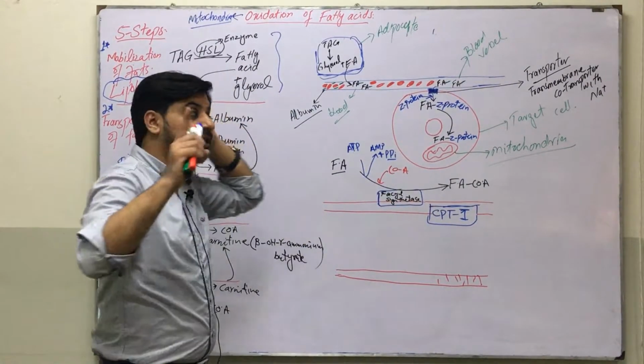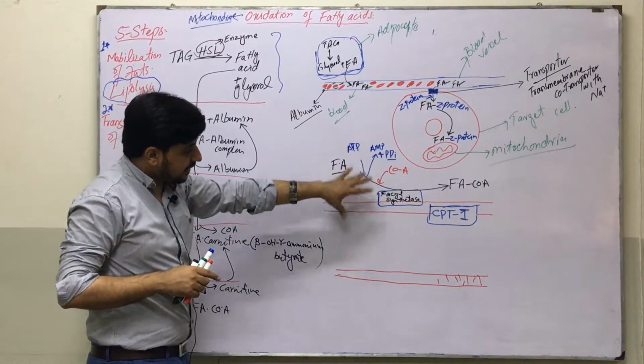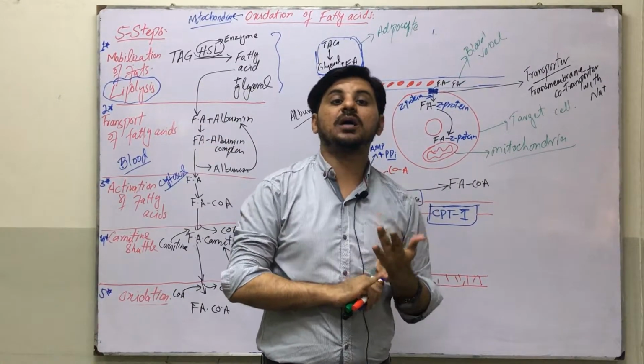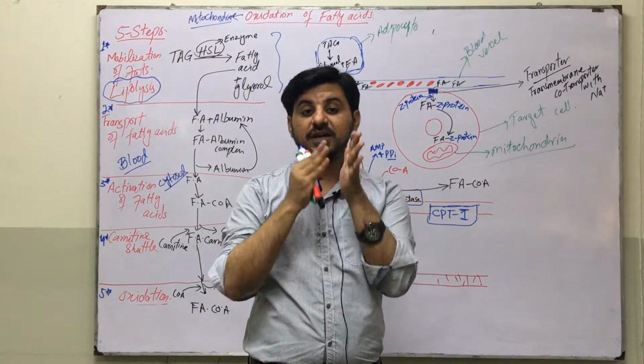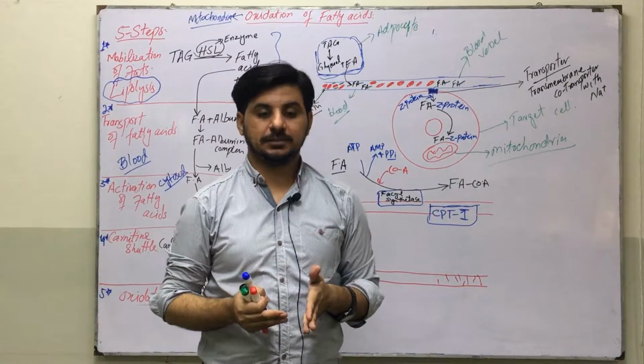Now remember one thing that is very important for you, that this transport process or this carnitine shuttle is only used for the very long chain fatty acids, like the fatty acids which have a carbon length of more than 14.